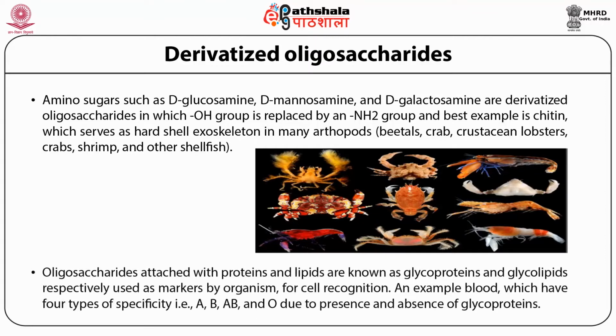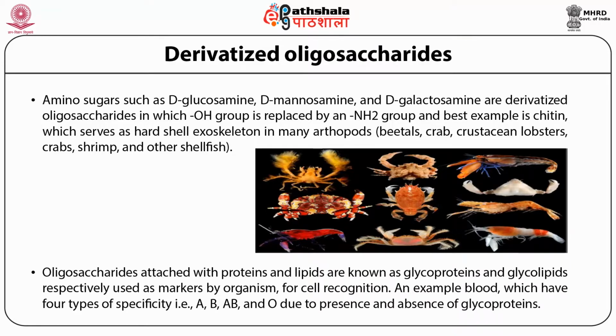Oligosaccharides attached to proteins and lipids, known as glycoproteins and glycolipids, give functionality to the cell wall or cell membrane. They are used as markers by many organisms for cell recognition.